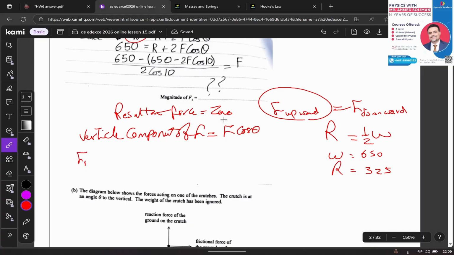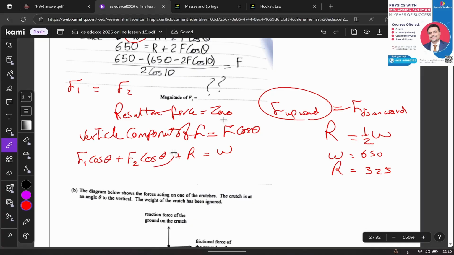Now we can write F1, can you complete? Yeah, F1 cosine theta plus F2 cosine theta plus R equals W, right? And we said before F1 equals F2, right?